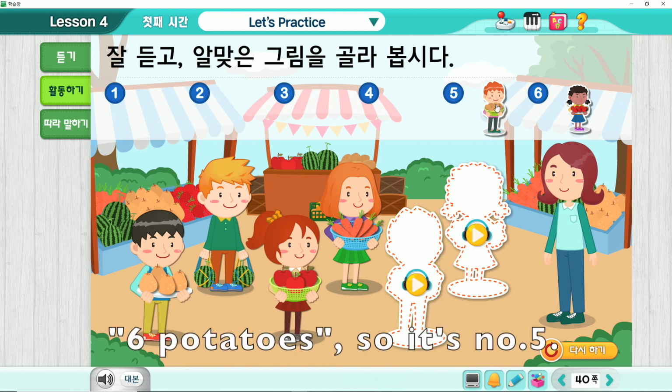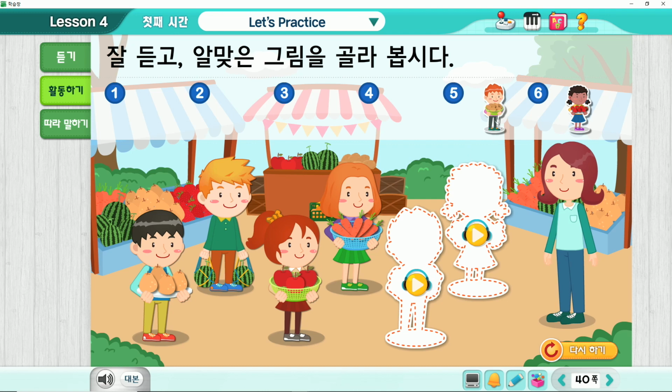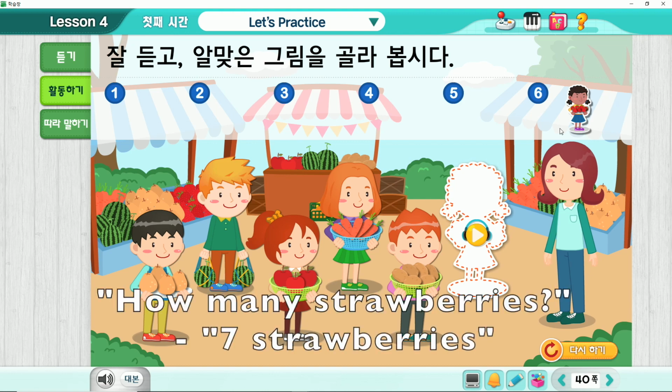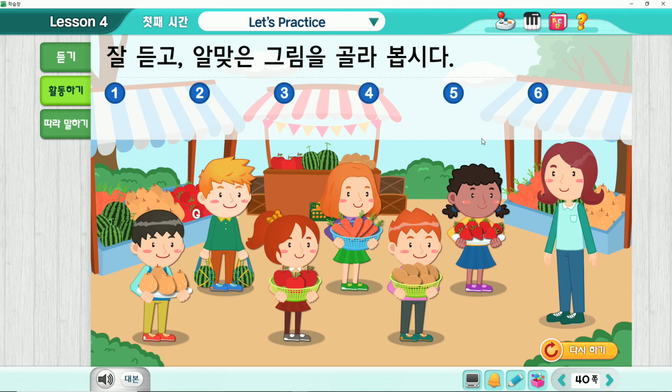So number 5. And the last one. How many strawberries? 7 strawberries. Yes, how many strawberries? 7 strawberries. Good job.